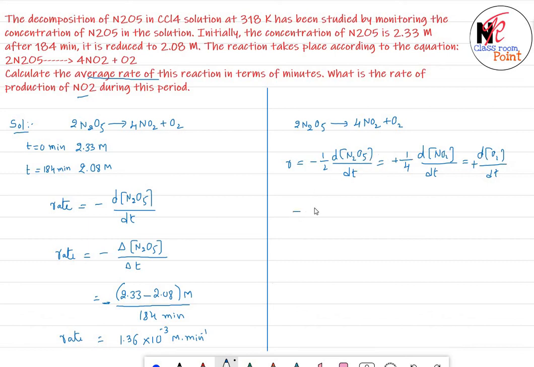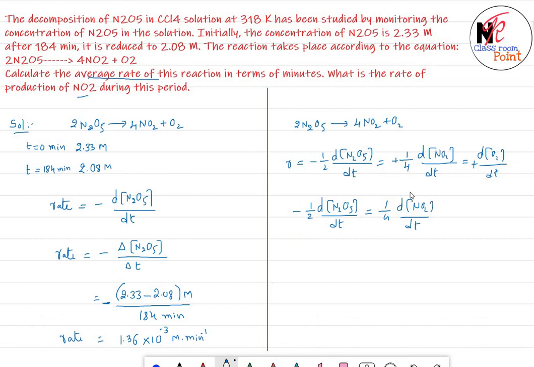Minus 1 by 2 d concentration of N2O5 divided by dt. Here you should not get confused; instead of d, you can take the delta symbol also. So 1 by 4 d concentration of NO2 divided by dt.